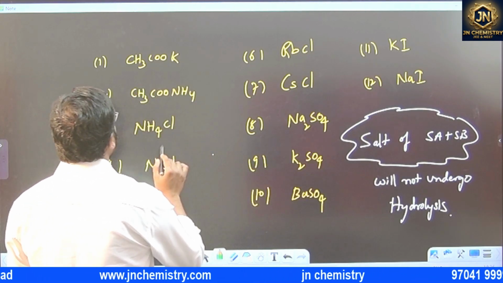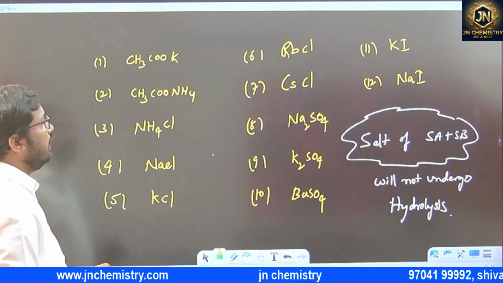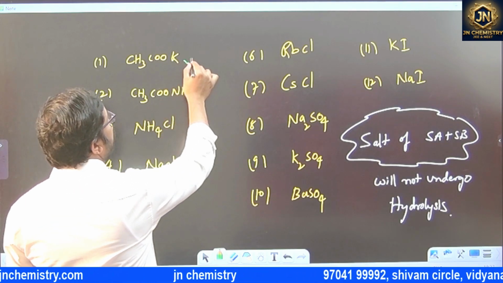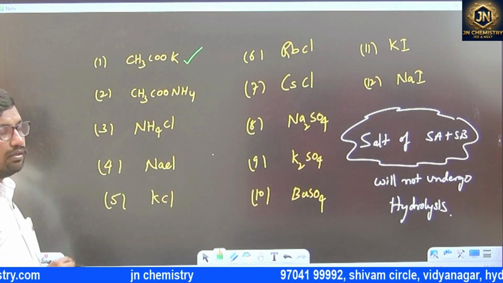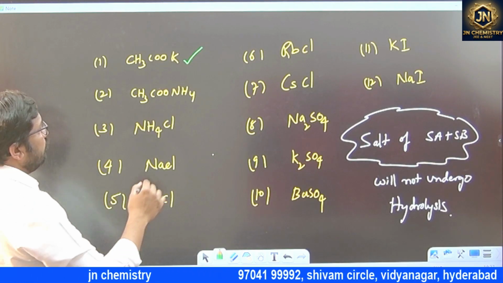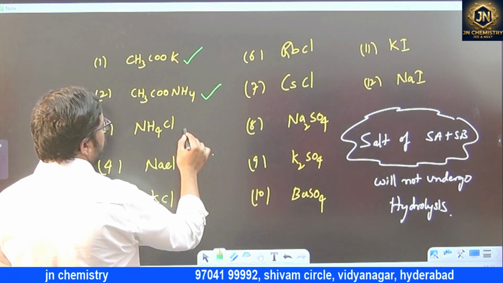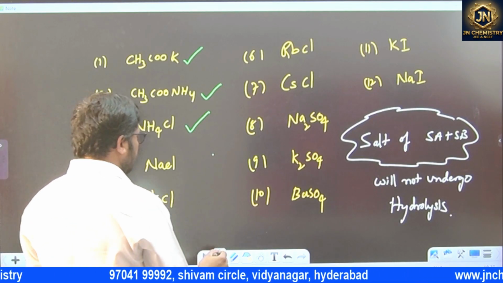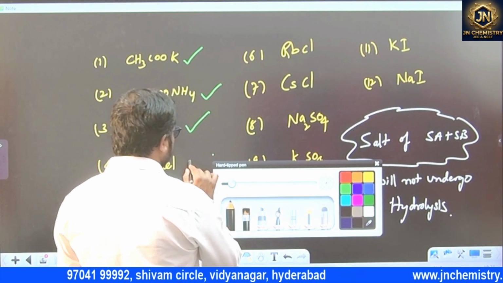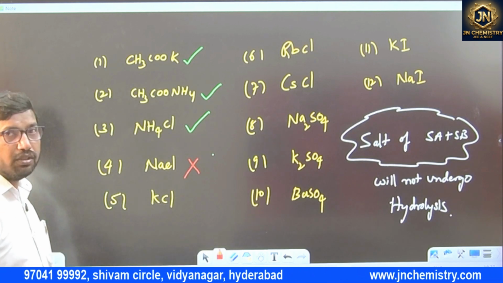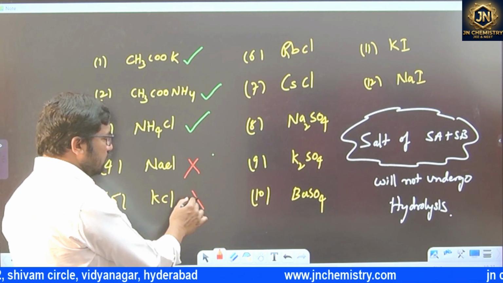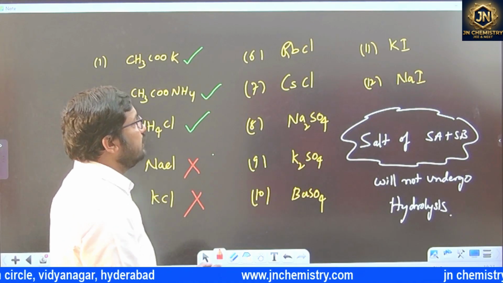First one, it can undergo salt hydrolysis. Second one also will undergo salt hydrolysis. Third one also will undergo salt hydrolysis. Fourth one, NaCl, won't undergo, because it is a salt of a strong acid and strong base. This is also a salt of a strong acid, strong base.